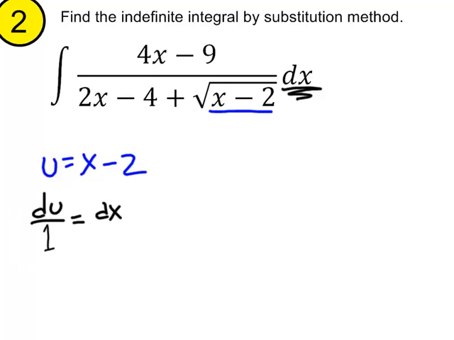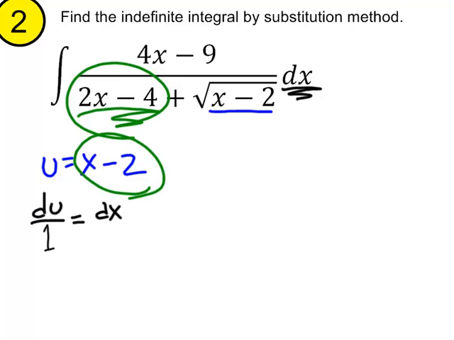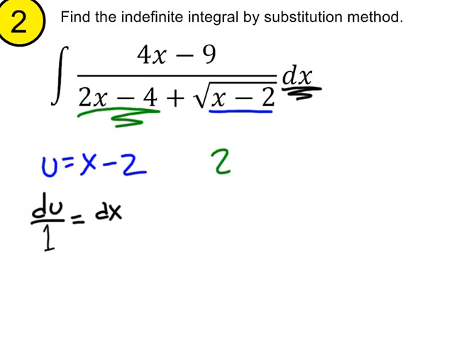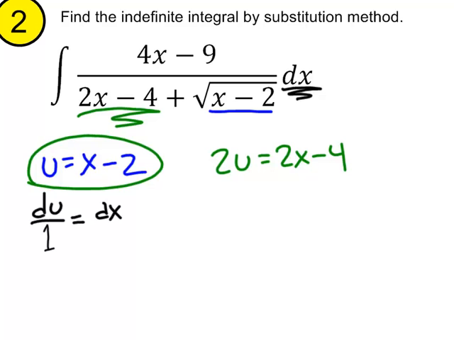So let's take a look at the 2x minus 4 next. If you're really observant, you may notice, hey, look at that. 2x minus 4 is exactly twice this x minus 2. So let's just write for the record, 2u equals 2x minus 4. That's just doubling both sides of this equation. And finally, the last thing that needs to be accounted for is this numerator up here.